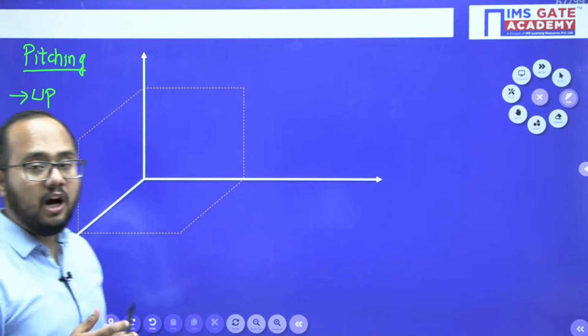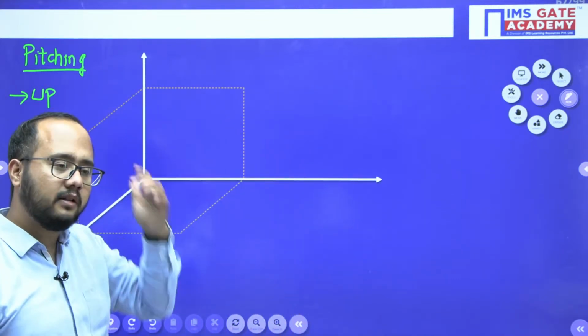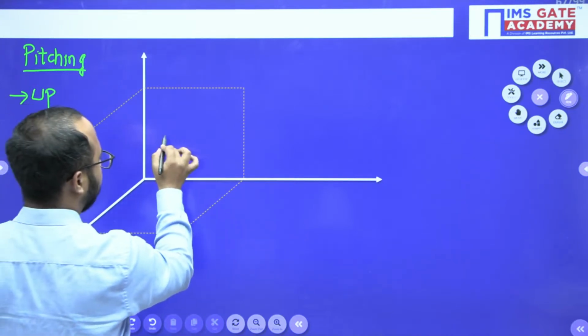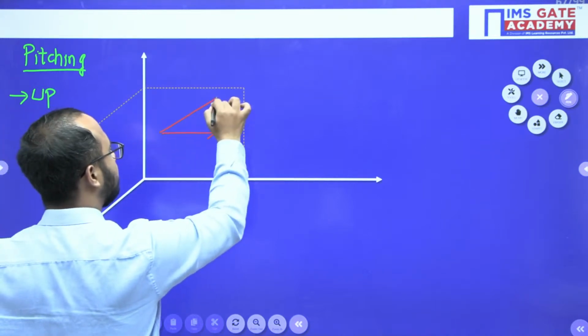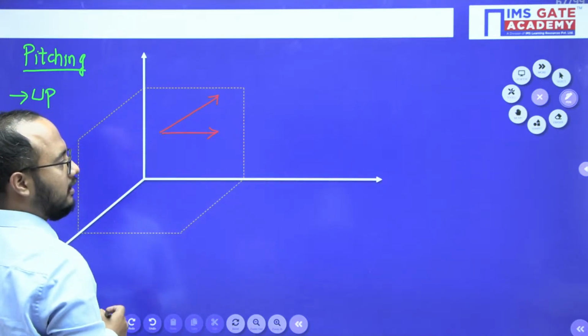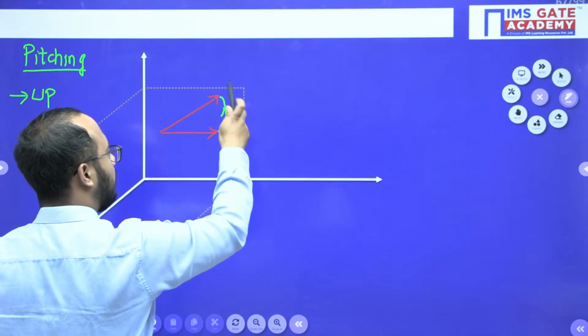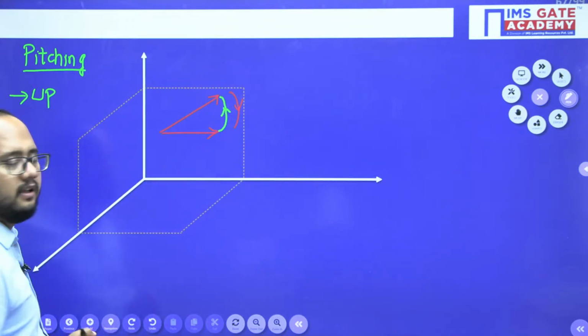So now the motion will take place in the vertical plane. Again same, the propeller shaft sense of rotation is same, right? So like this. Now if it is pitching up, it basically means the rotation vector will turn like this. Active gyroscopic couple, reactive gyroscopic couple.